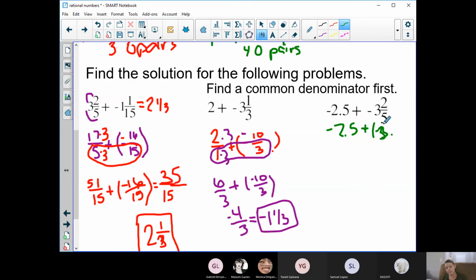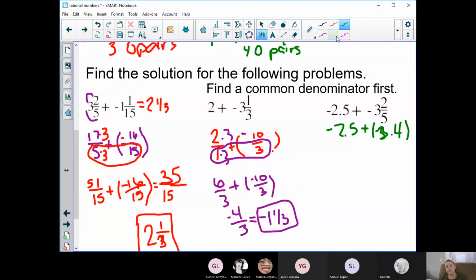So 2 divided by 5 would give me point. All right. I don't know if it's lagging. So negative 3.4.